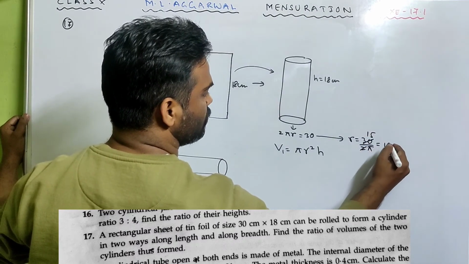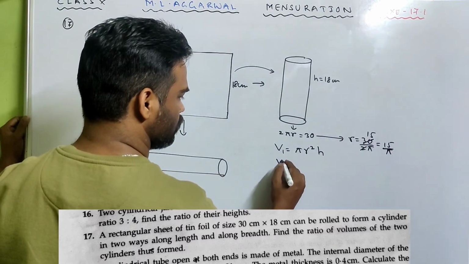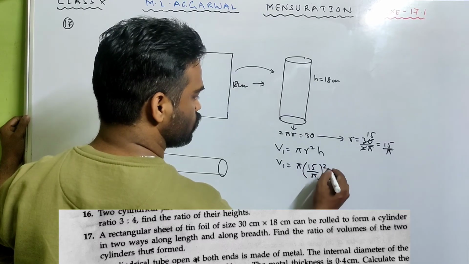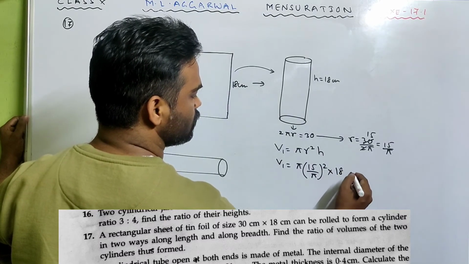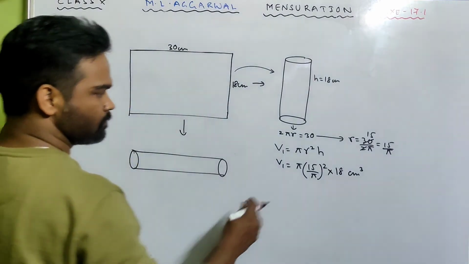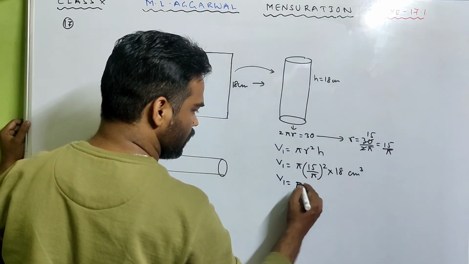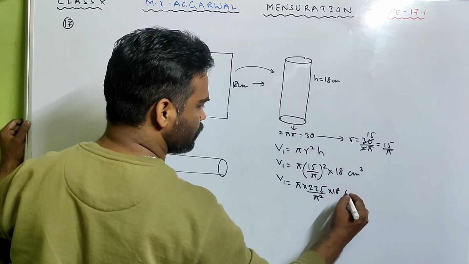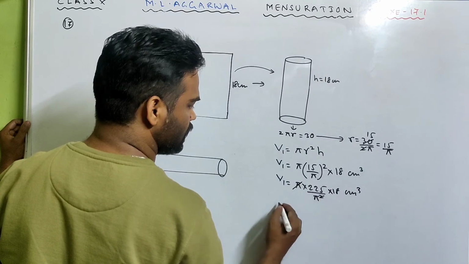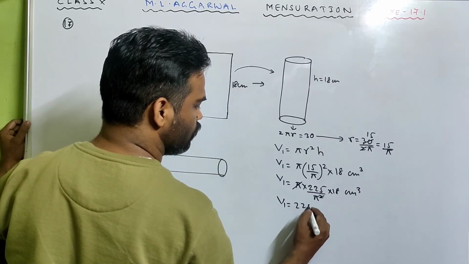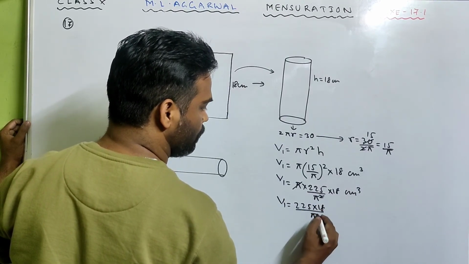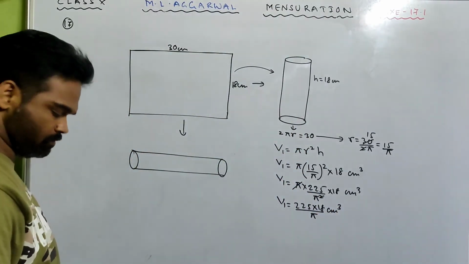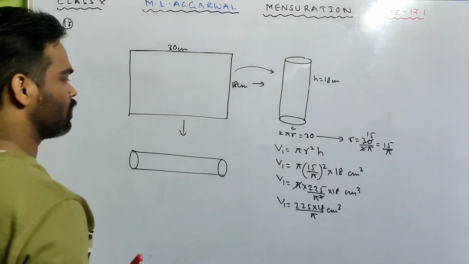So that's 15 by pi. So V1 is pi r square, which is pi into 15 by pi whole square, into h. H is 18. When you simplify it further, pi 225 by pi square into 18 centimeter cube. Pi cancels out, which is V1 is 225 into 18 by pi centimeter cube. That's the volume.